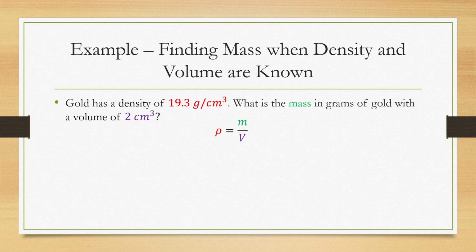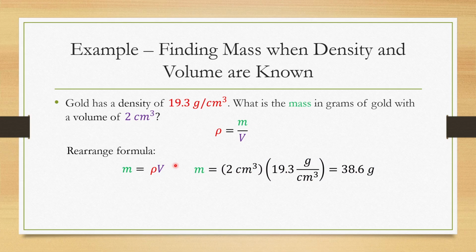Then, because we're solving for mass, we will rearrange the equation, which comes out to mass equals rho times volume. Then we will substitute our knowns. 2 is the known volume and 19.3 is the known density, which gives us 38.6 grams of gold.